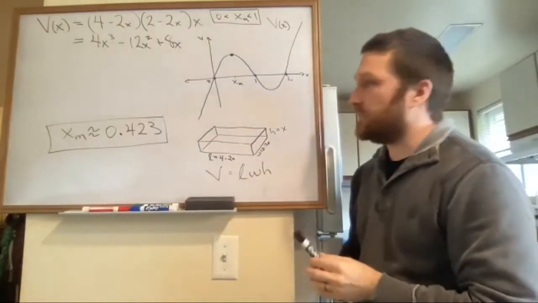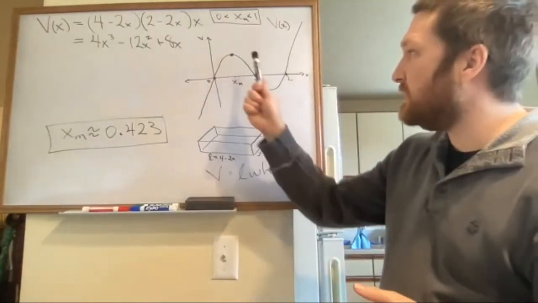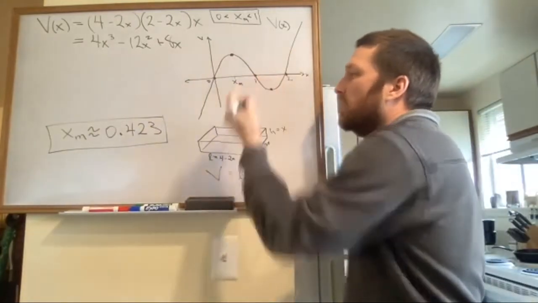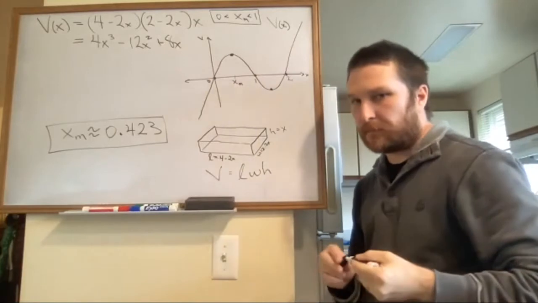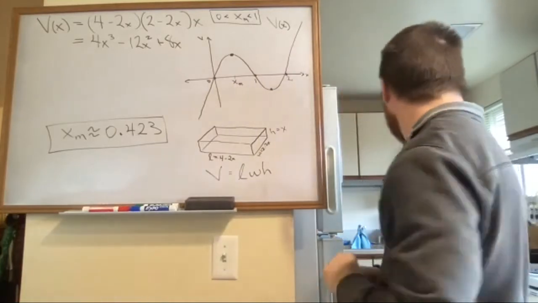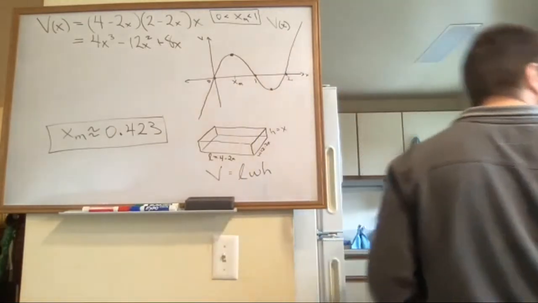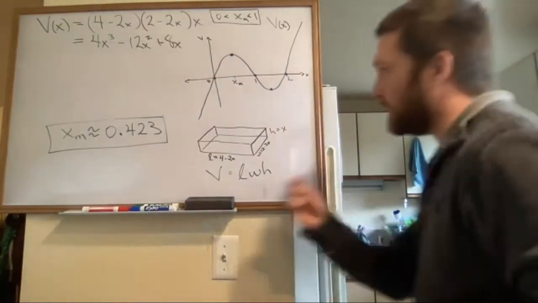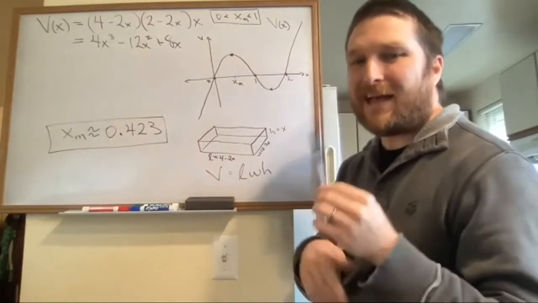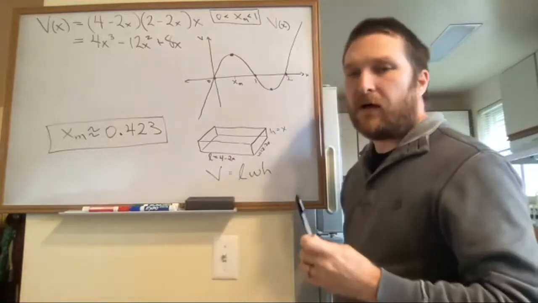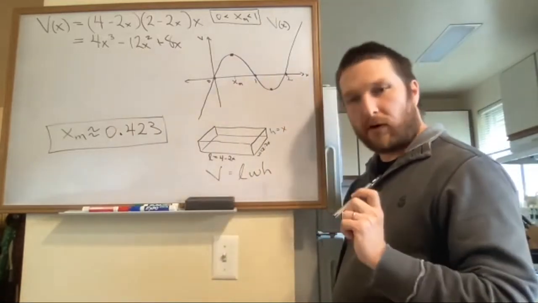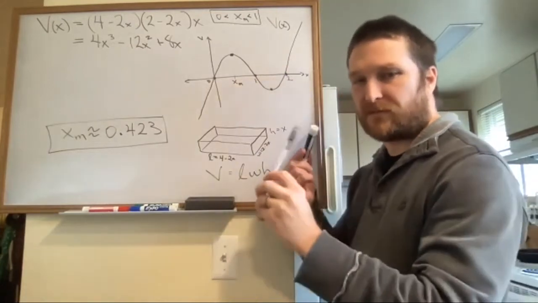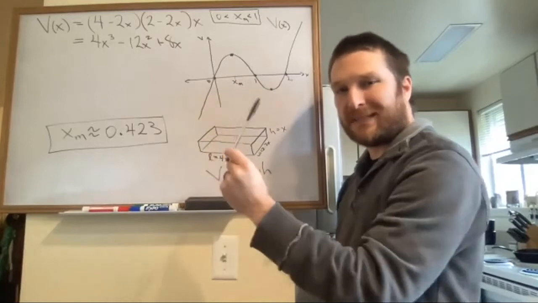Something to notice about mins and maxes and the slope of something. We've talked about this before, and this is what Calc 1 is all about. Up until now, we've thought about the slope as just the rise over run of a line.